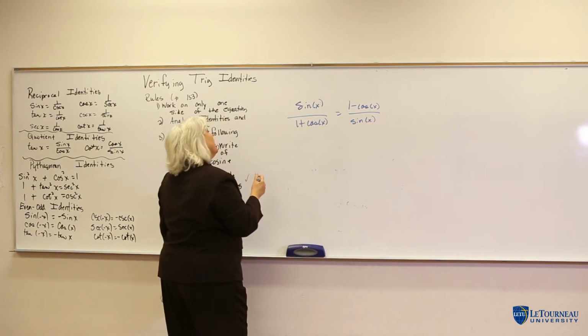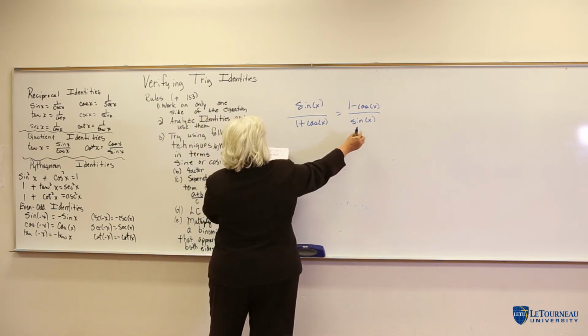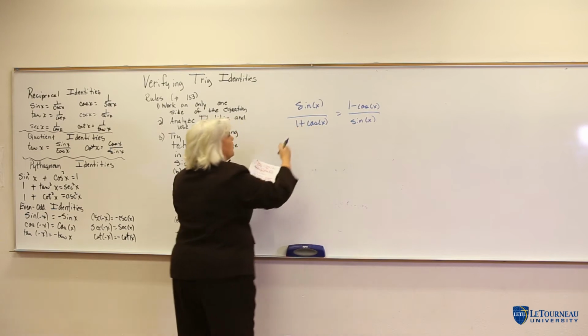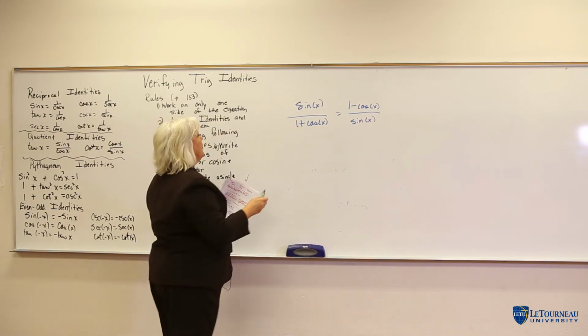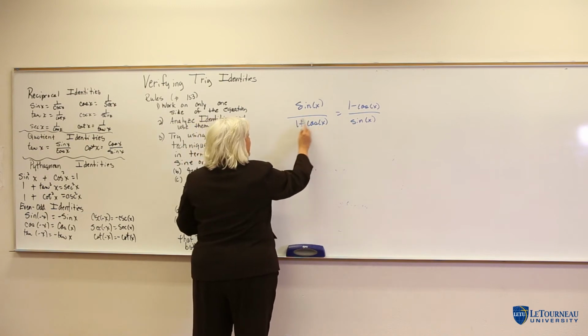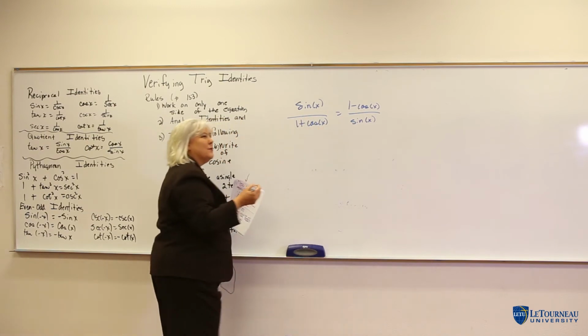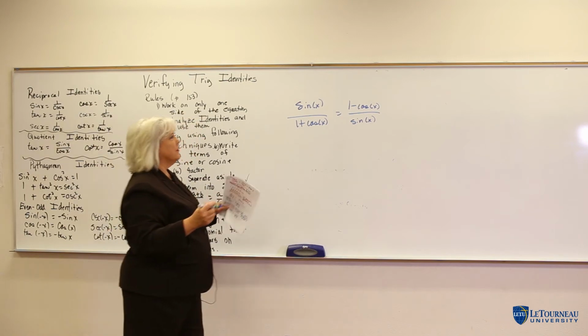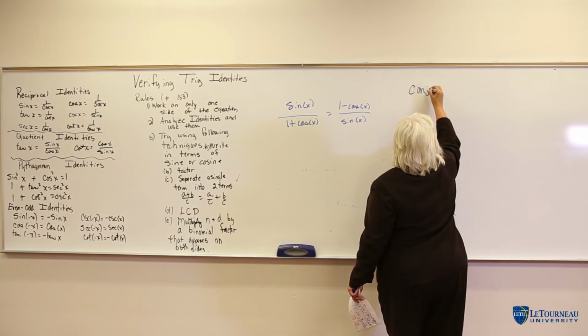Okay, just a refresher. I want this side to look like that side. I always work from the left-hand side, and that's just my preference. You don't have to, that's just what I do. So to simplify this, I'm going to go to my denominator and multiply it by something called the conjugate. Let me review with you what a conjugate is.